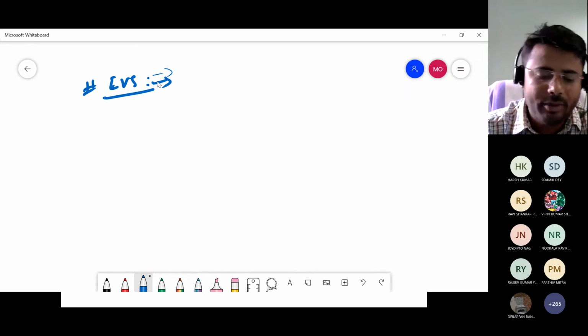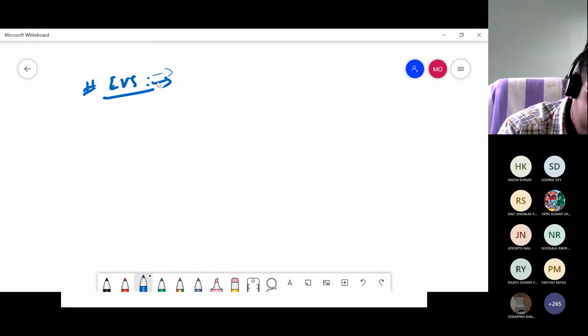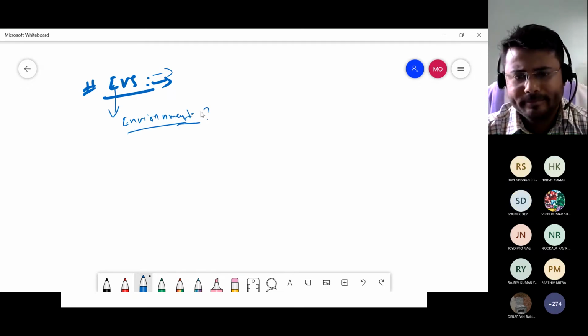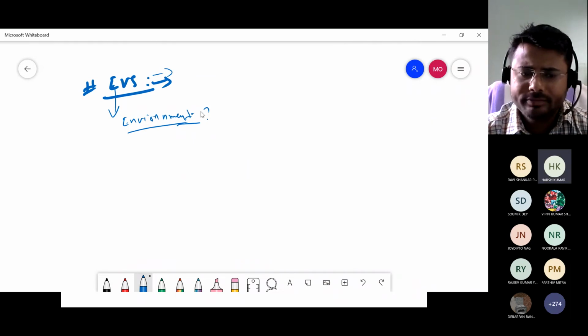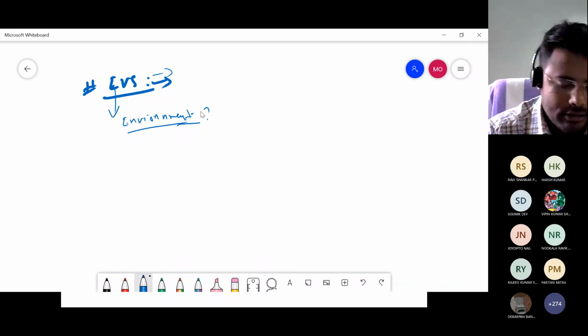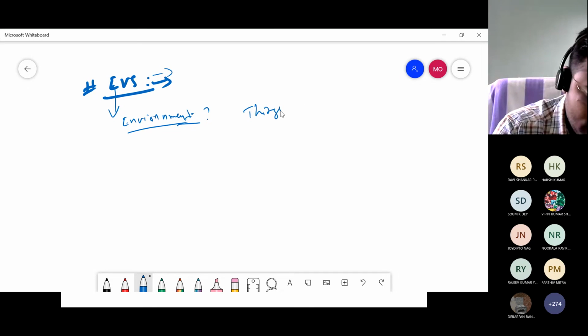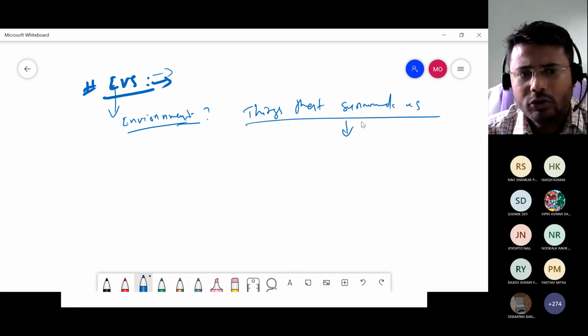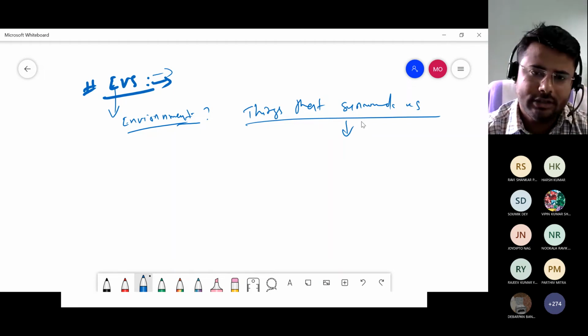What do you understand by the term environment? This is a very common term, right? Things around us, surroundings of the human being. So what do you understand by things that surround us?